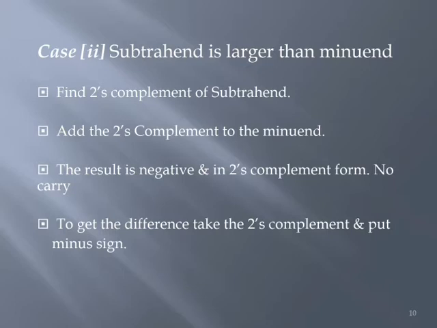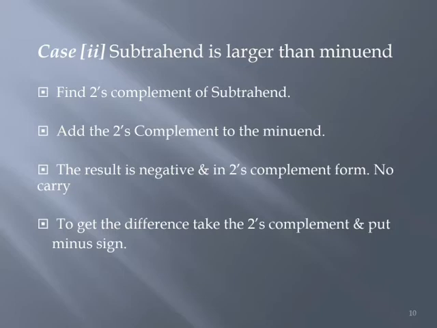After adding the complement of the subtrahend with the minuend, you will be getting a negative number, and you need to do the 2's complement of that. After doing the 2's complement of the result, putting a negative sign will give you the overall difference of the given problem. So this is the procedure you need to adopt for the second case.